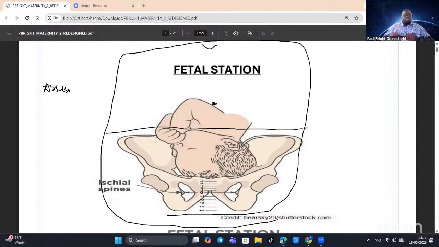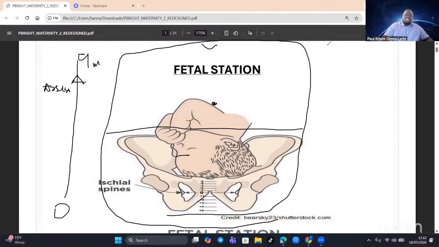When we're doing fundal height, we realize that when you are pregnant, from 0 to 9 months or whatever weeks we are looking at, this head and the baby will go up. So we look at the fundal height here.